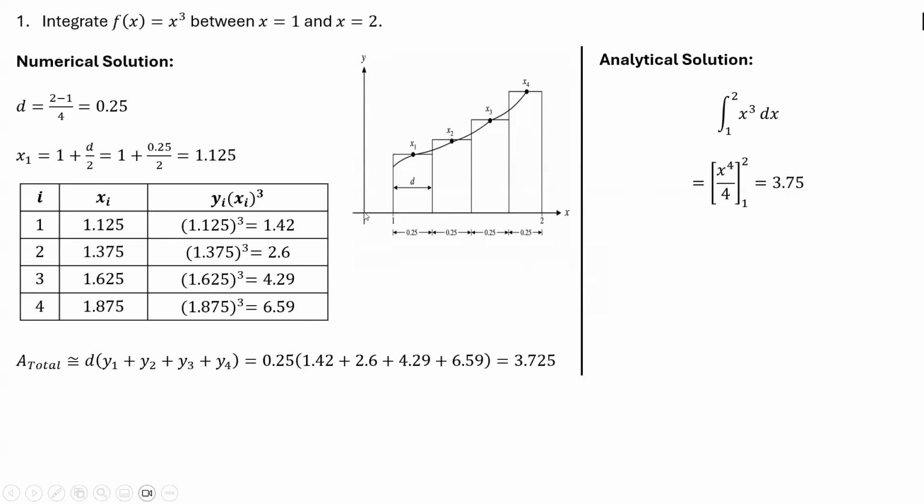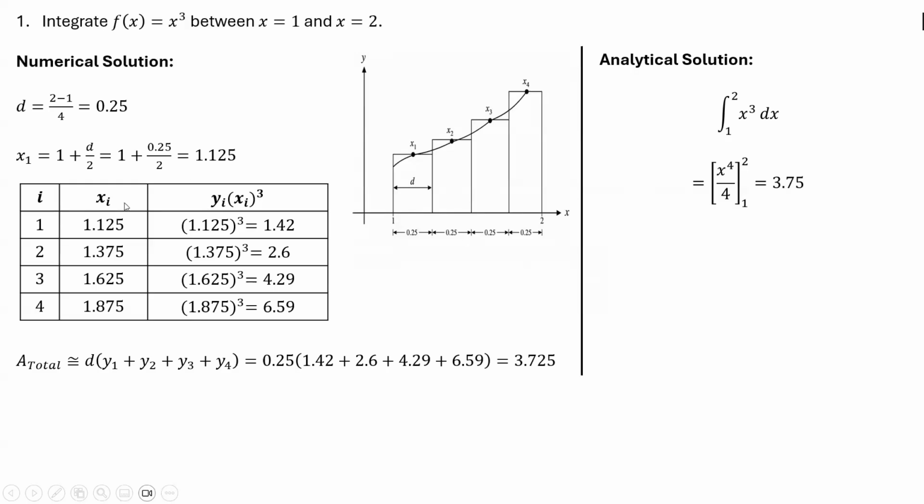The 1 comes from the start, the first parallel line of the first rectangle, and to take the middle point we add 0.25 divided by 2. So it will become 1.125.